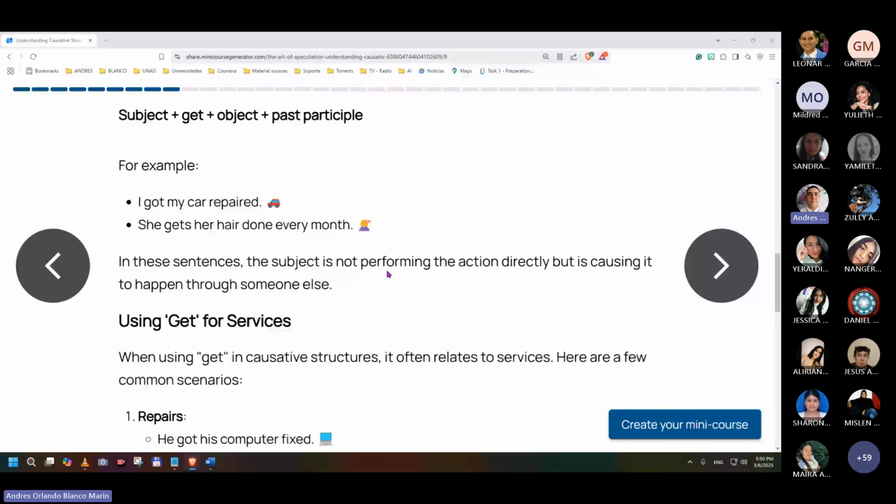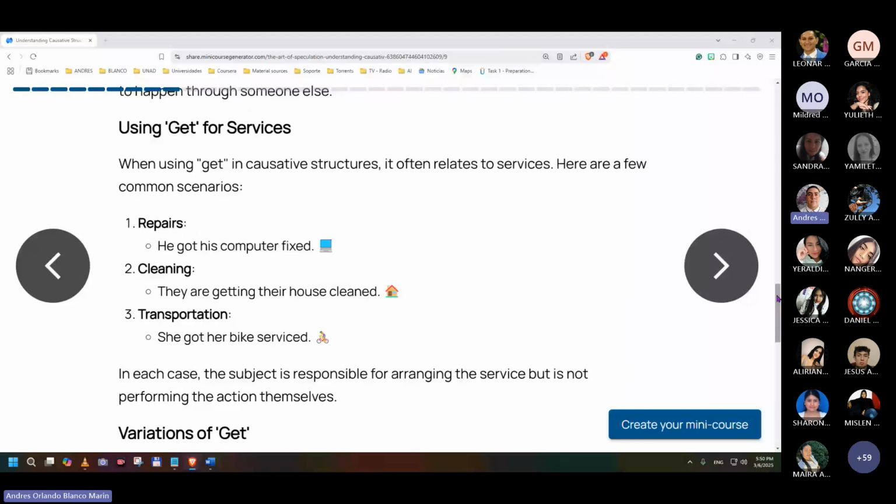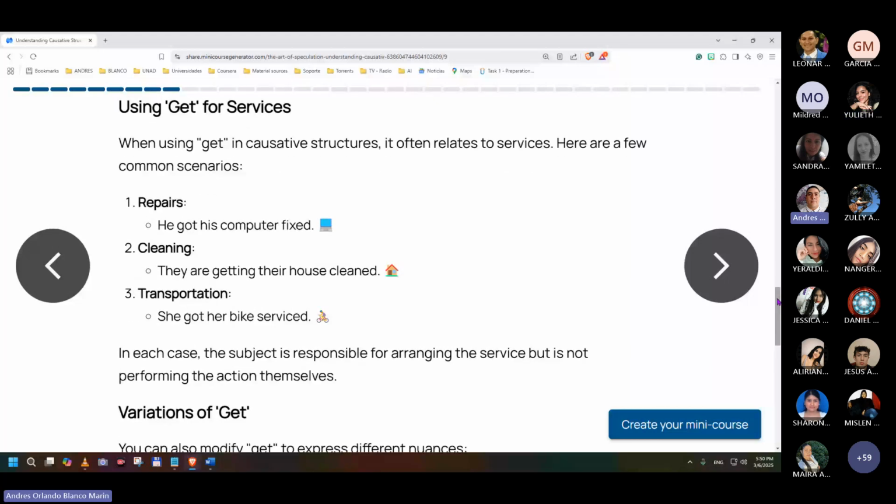Other uses for get are as follows. You can use get to obtain services related to repairs. He got his computer fixed. Or maybe a cleaning service: they are getting their house cleaned. Transportation: she got her bike serviced or fixed or repaired.